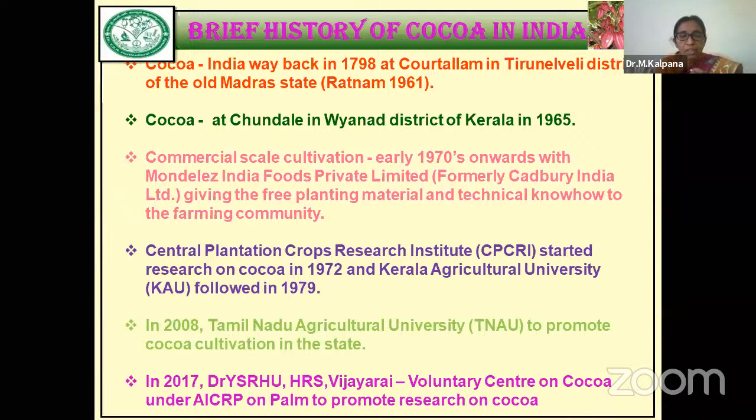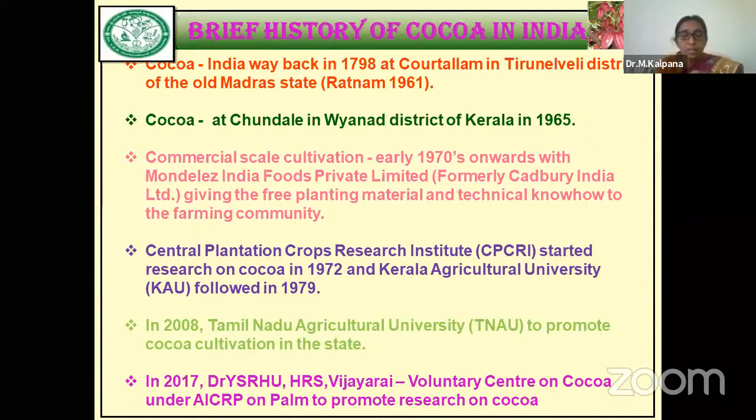In Tamil Nadu, TNAU, Tamil Nadu Agricultural University, started intensive research on cocoa in 2008, mainly to promote cocoa cultivation in the state. But in Andhra Pradesh, we already started research at the Coconut Research Station, Ambajipeta, mainly on the suitability of the crop in this region under coconut and oil palm gardens.